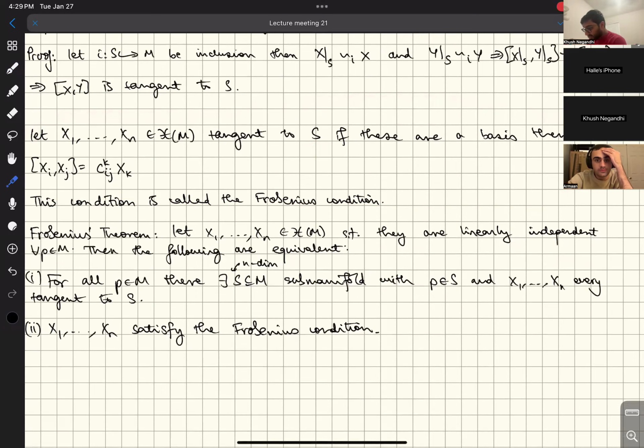By the way, such a submanifold is called an integral submanifold, because it follows similar naming conventions to an integral curve. It's basically a generalization of an integral curve. And now this jumps up in dimension, because now you're worried about the vector fields themselves and what conditions they satisfy.